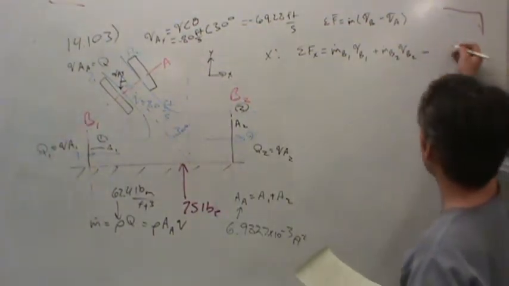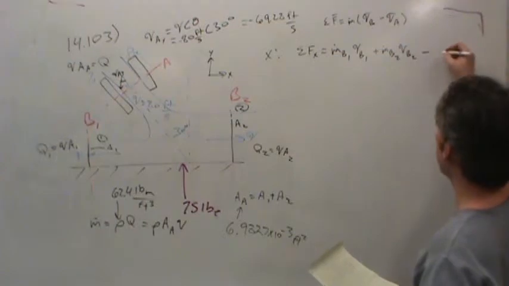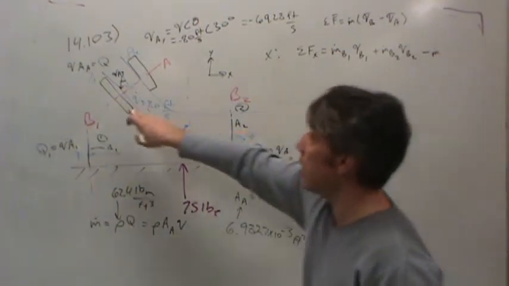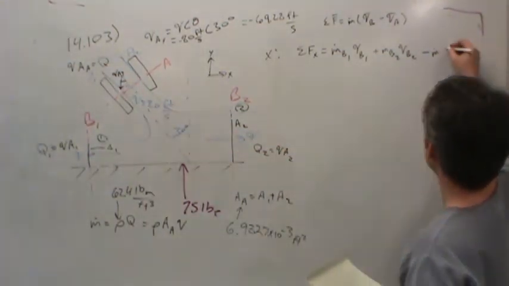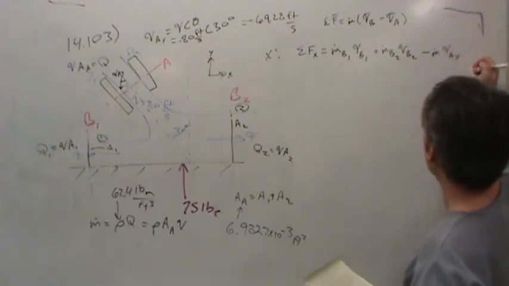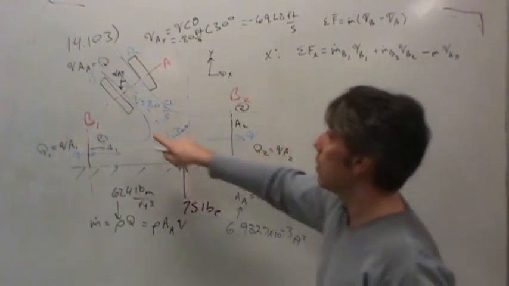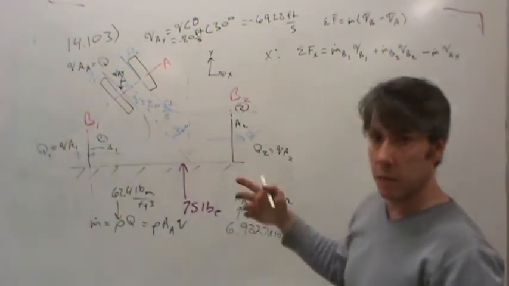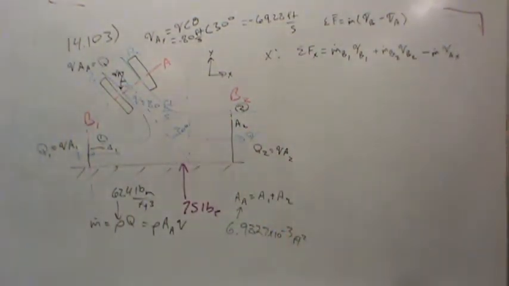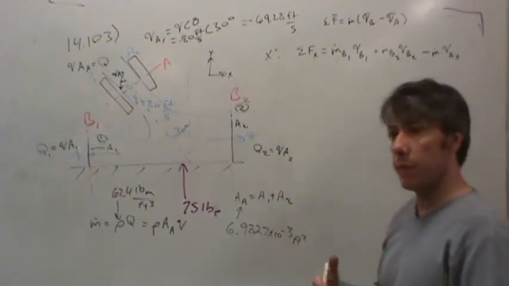But then we have to subtract off, because we've got a negative sign, the mass flow rate coming in, which is the total mass flow rate, times the velocity at A. And notice these are all in the x direction, but I'm going to make it explicit for A because A has both an x and a y component. Okay? Now we have to be even more careful in this because we're talking about momentum.